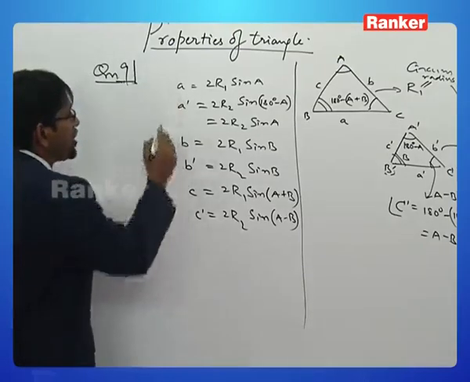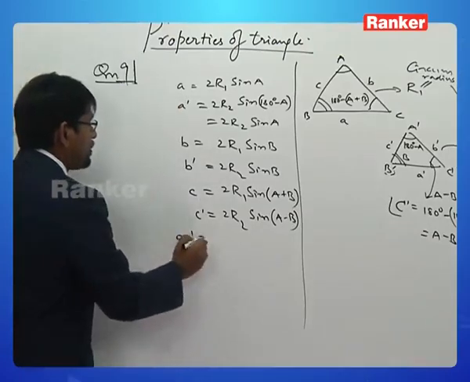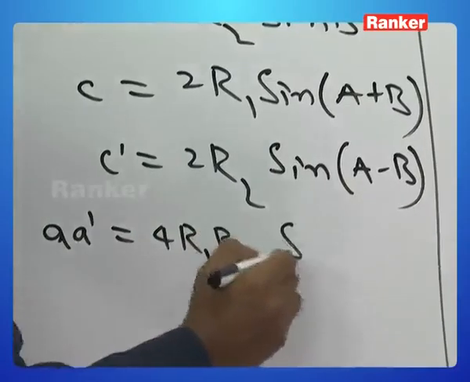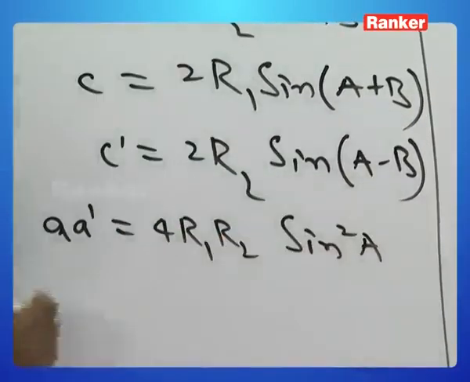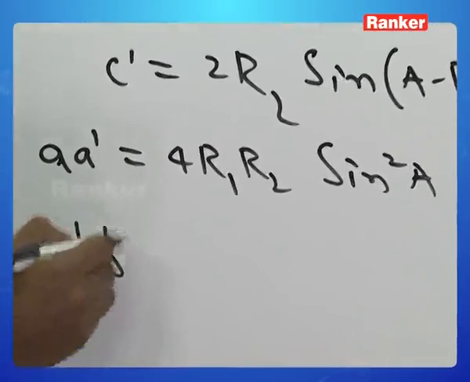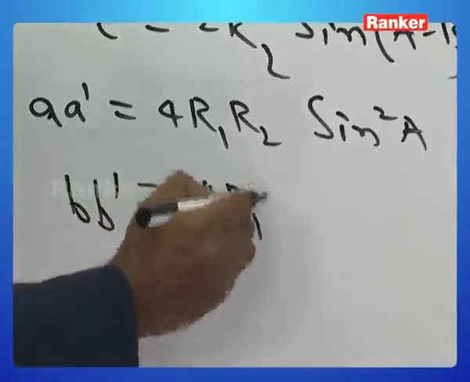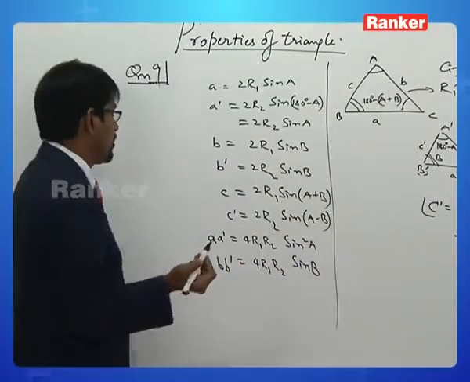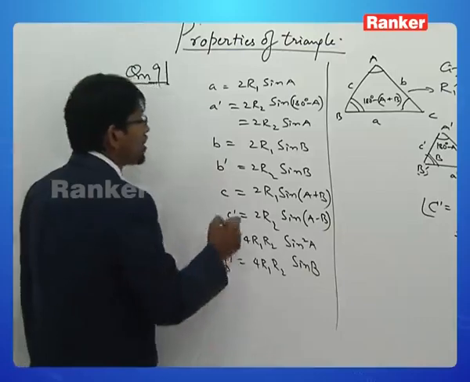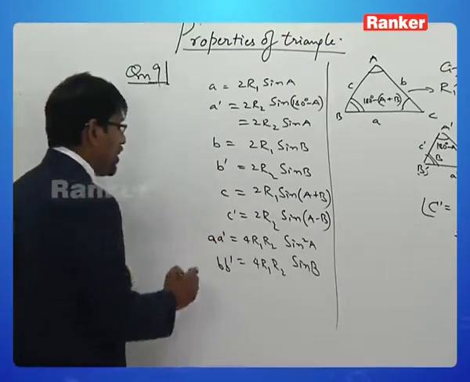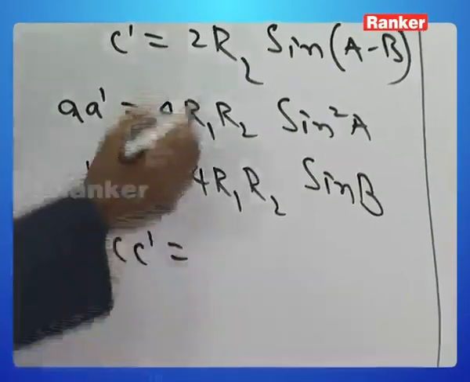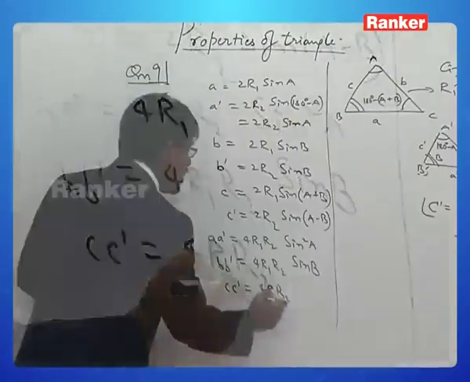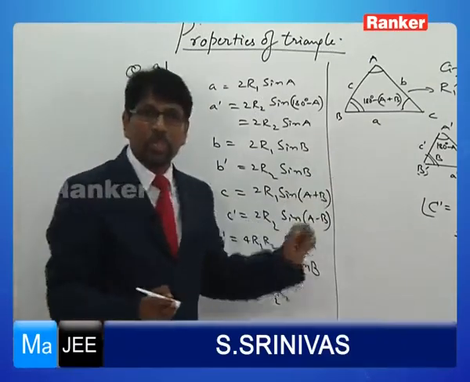If you look at aa dash, that is 4R1 R2 into sine square A. bb dash is 4R1 R2 into sine square B. And what about cc dash? cc dash is equal to 4R1 R2 into sine of A plus B into sine of A minus B.